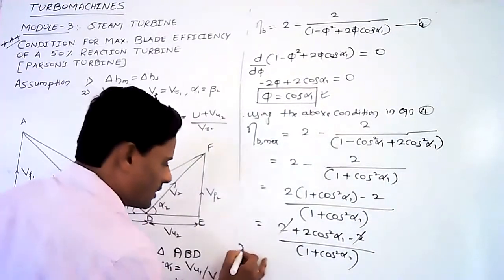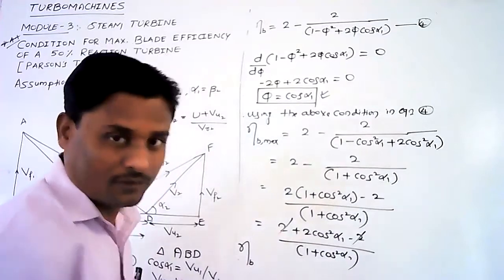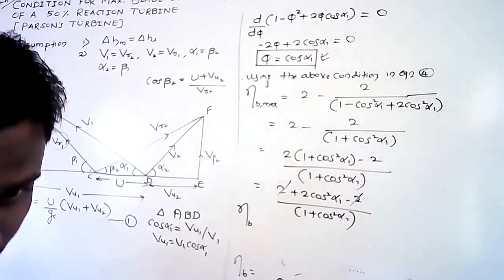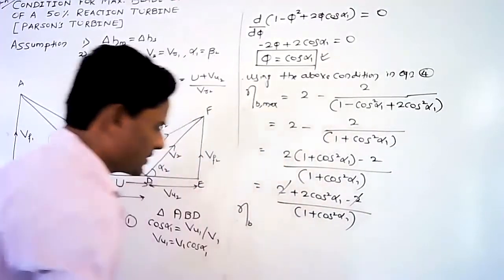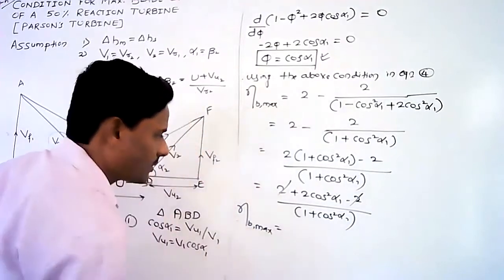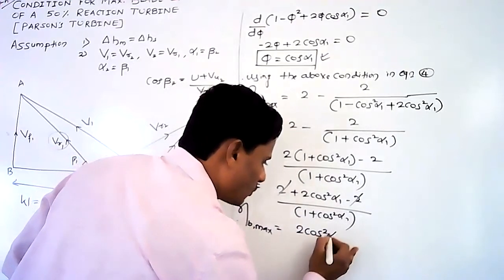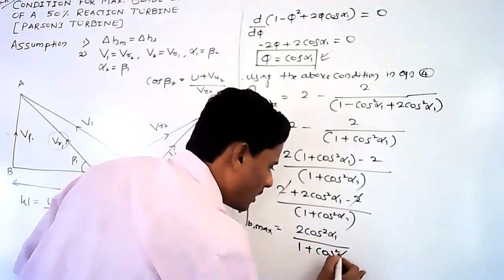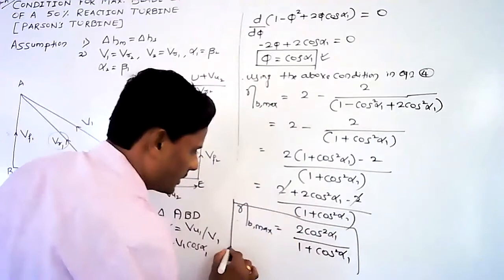So we are left with the final form of equation, the maximum blade efficiency for the 50% reaction turbine as 2 cos square alpha 1 divided by 1 plus cos square alpha 1.